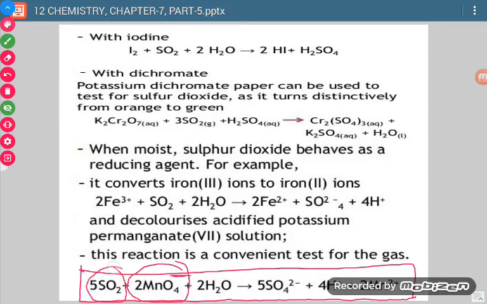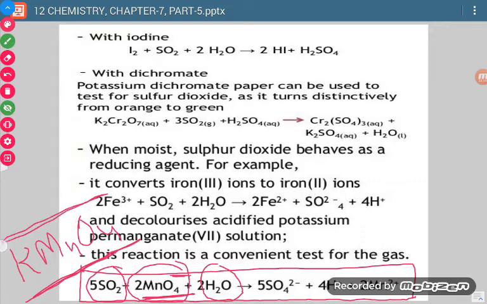When sulfur dioxide in aqueous form is treated with potassium permanganate solution, it decolorizes it. Decolorizes means it was previously light pink in color.